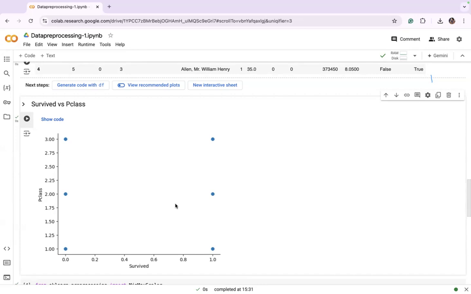Tell me what is going on. Can you see the graph? Yes, sir. Okay, let's go fast because we have only 5 minutes left. So what is going on here?